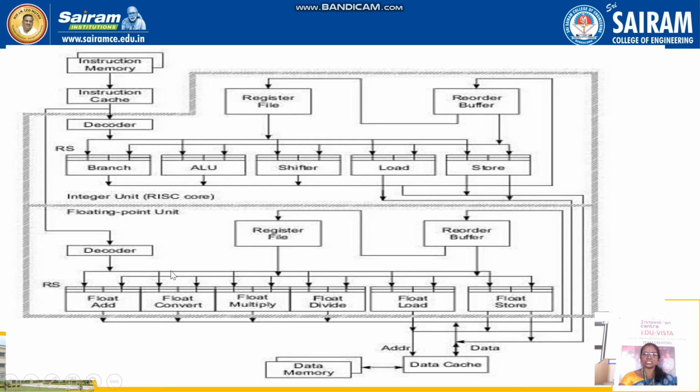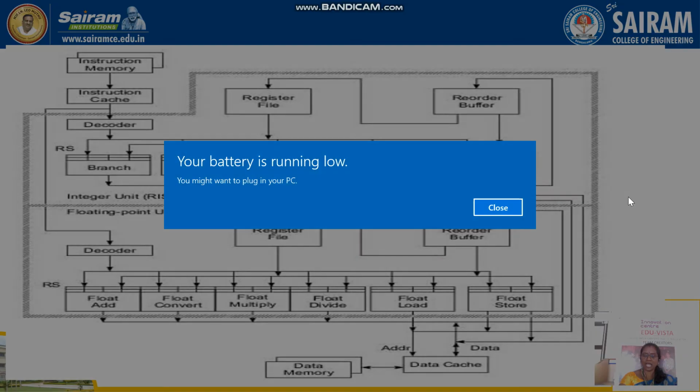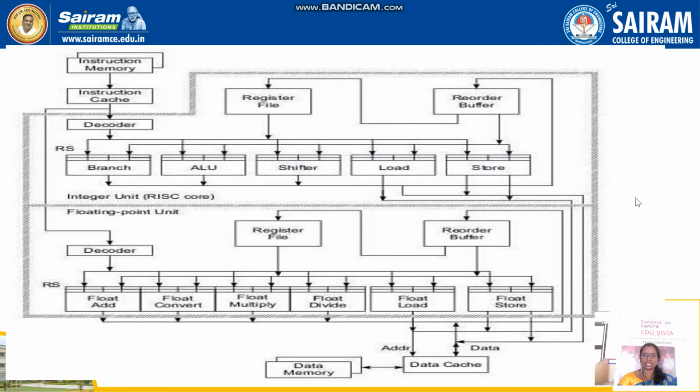The same applies to the floating point unit. When the instruction comes from the instruction cache to the floating point unit, the decoder decides the functional unit. This is the typical architecture of a superscalar processor.